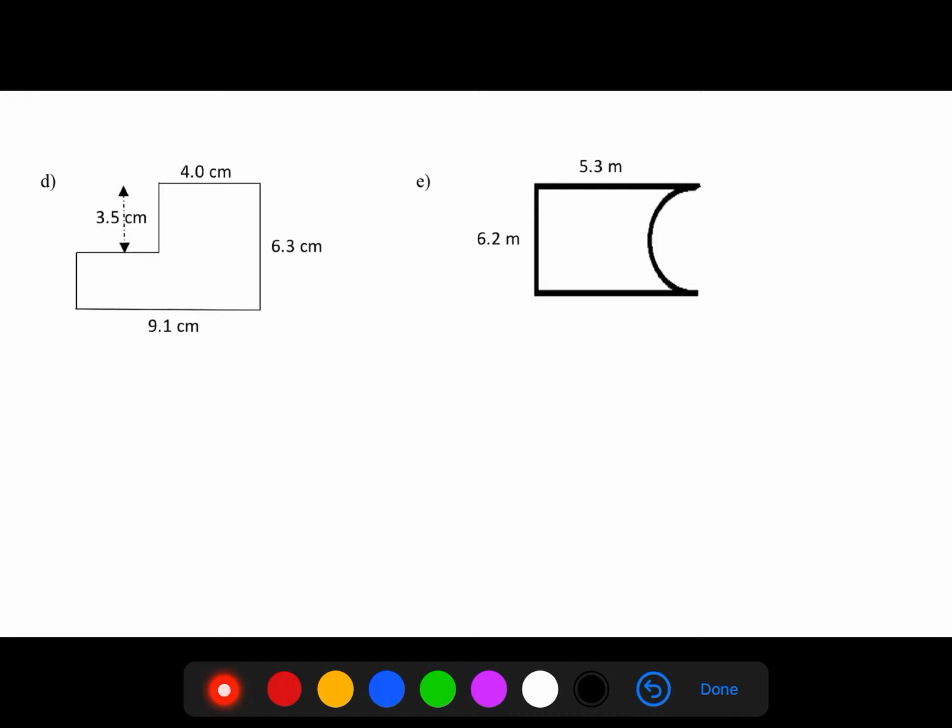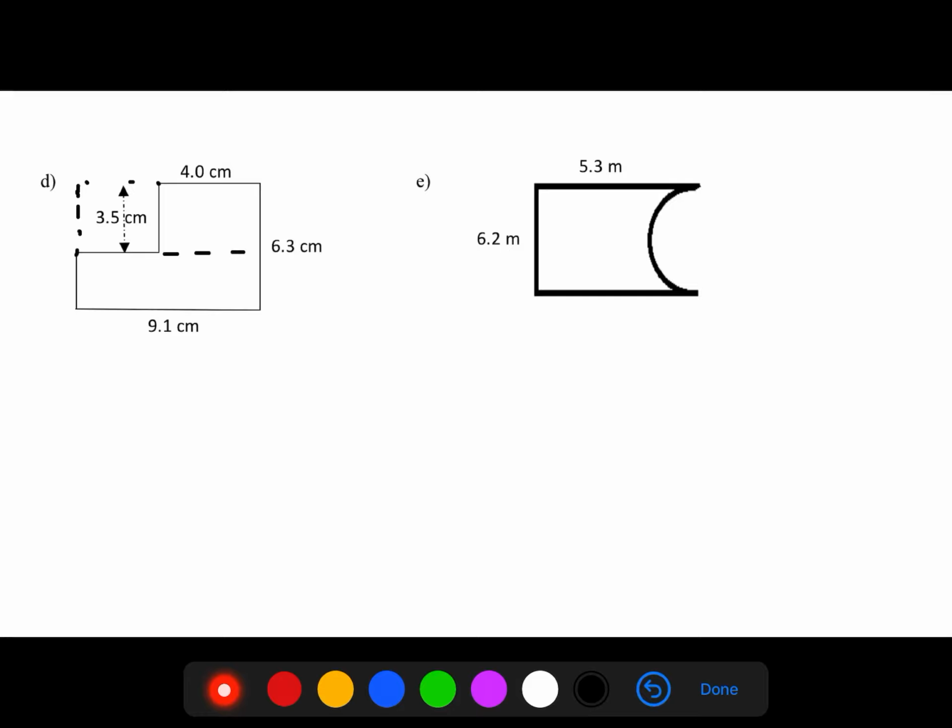Part D. We have a couple of ways that we can approach this question. We can simply use a couple of different shapes if we want to split this into 2 different sections. We could also create one big rectangle and then subtract the smaller rectangle.